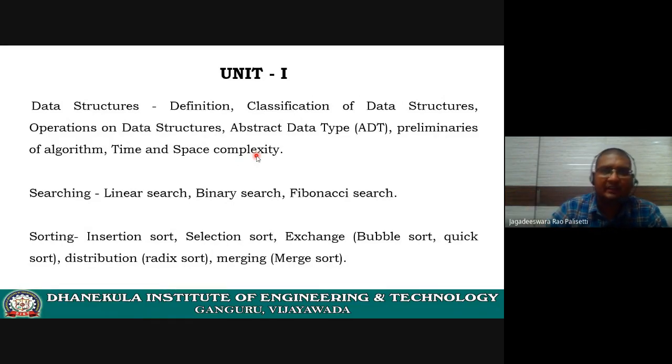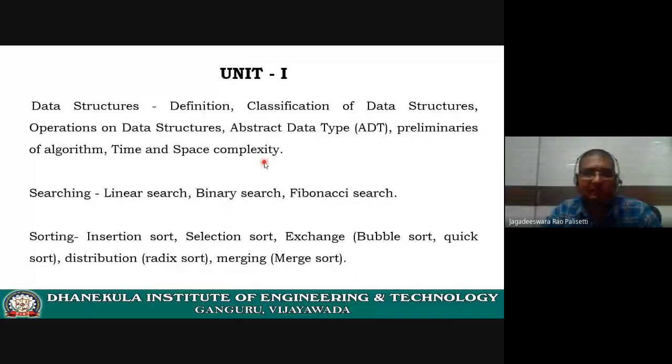For all data structures, we need to identify how much time and space is required to perform the operations. That is nothing but time as well as space complexity.